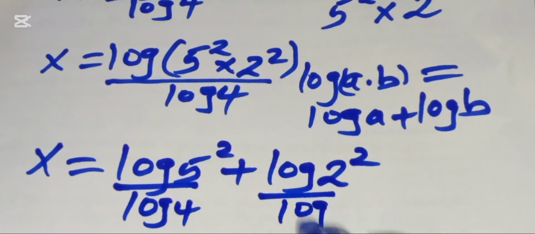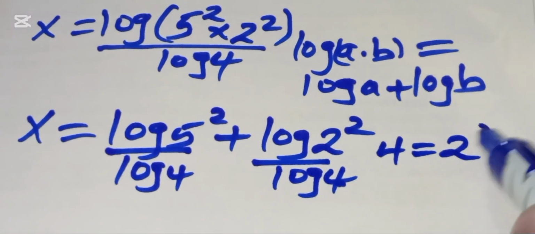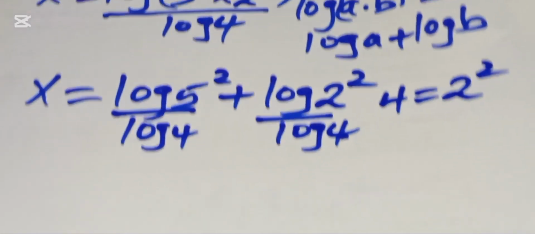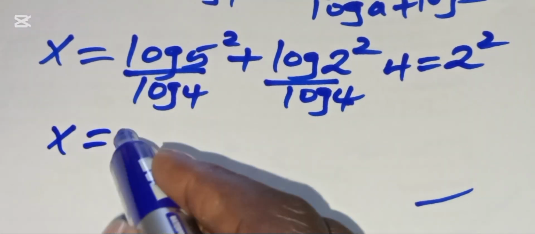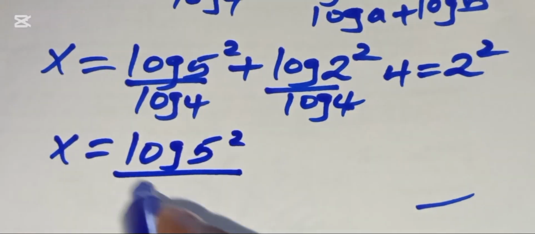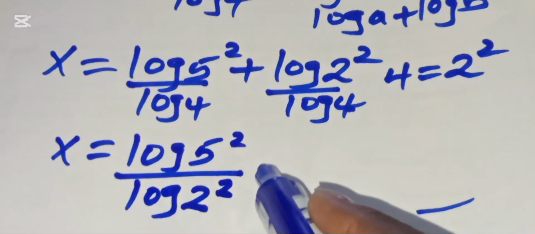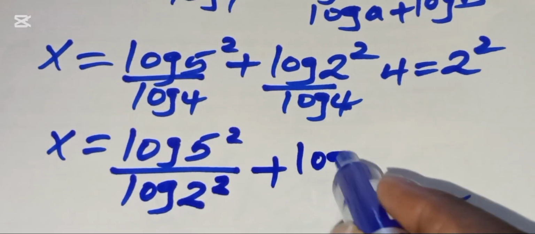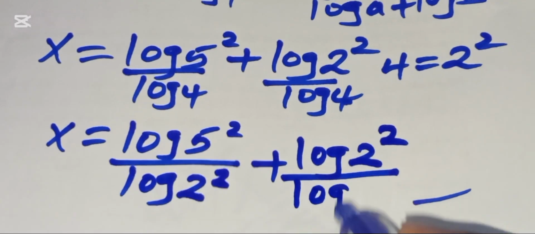Now 4 can also be expressed as 2 raised to power 2. So x becomes log 5 raised to power 2 divided by log 2 raised to power 2, plus log 2 raised to power 2 divided by log 2 raised to power 2.